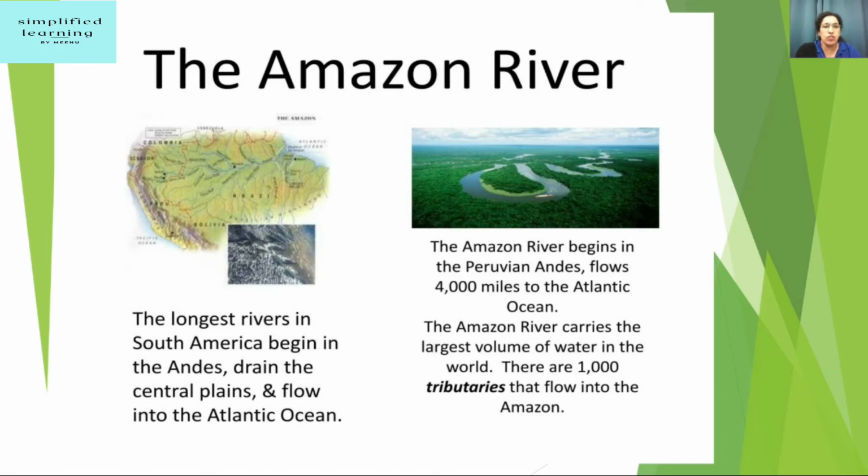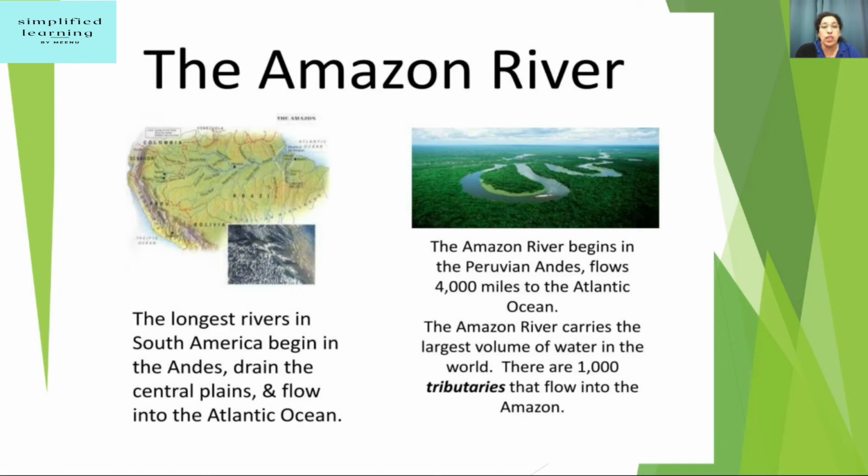Now let's talk about the Amazon River. The longest rivers in South America begin in the Andes, drain the Central Plains, and flow into the Atlantic Ocean. The Amazon River begins in the Peruvian Andes, flows 4,000 miles to the Atlantic Ocean. The Amazon River carries the largest volume of water in the world.